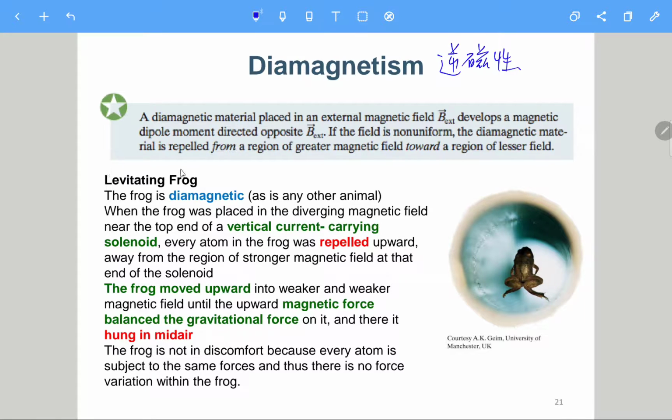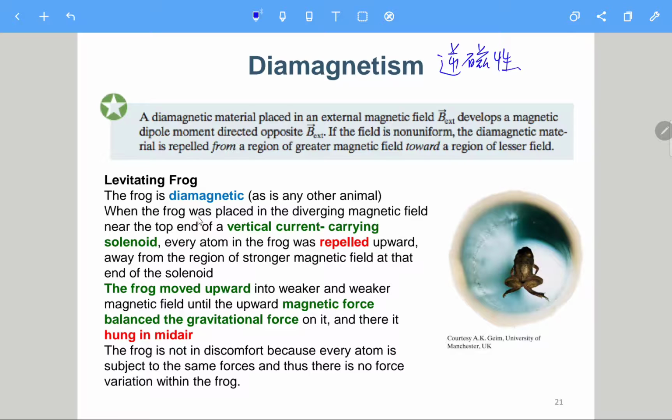Here you can see a levitating frog. Inside the frog there is some diamagnetic material. Within this pipe we are generating a nonuniform magnetic field, and the frog is floating in the air. The frog is diamagnetic, as is any other animal.